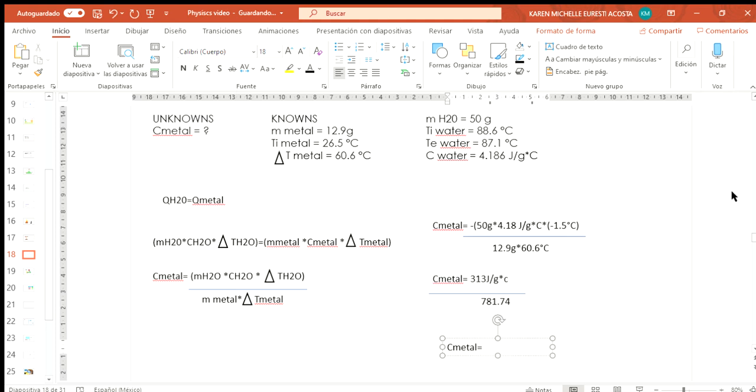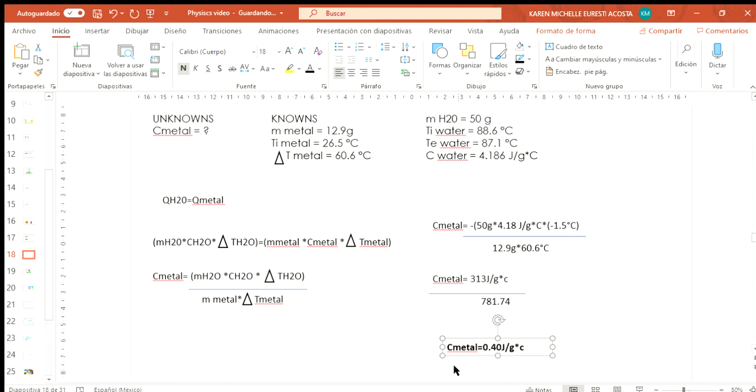We divide these two numbers to get the answer, that is 0.40 joules over G times C as our final result.